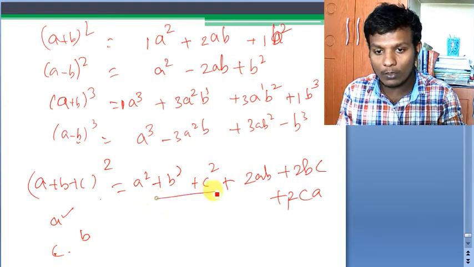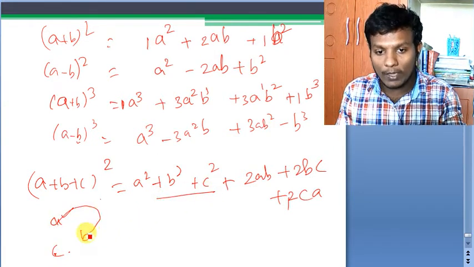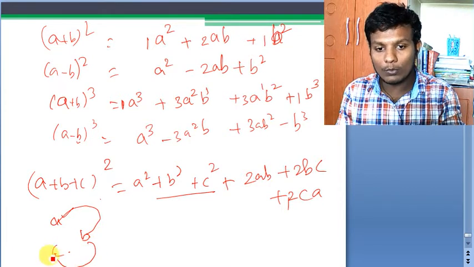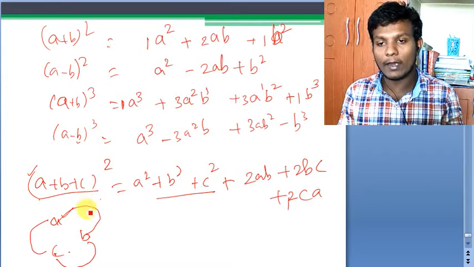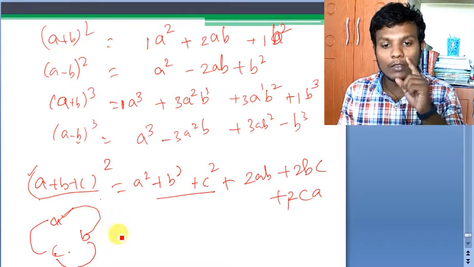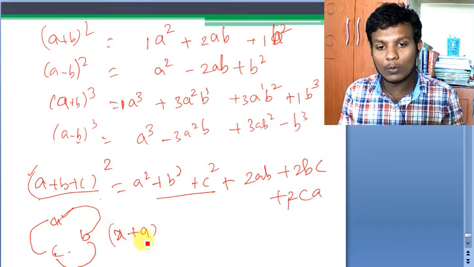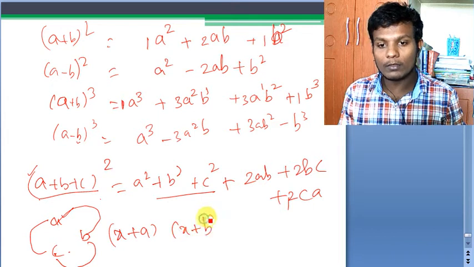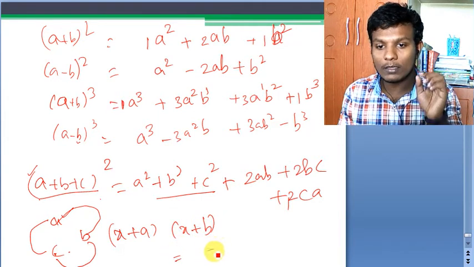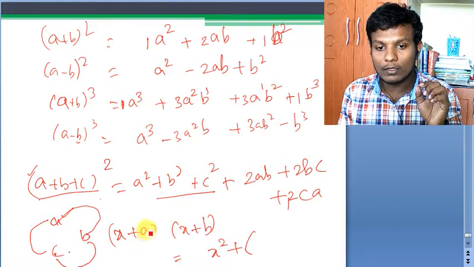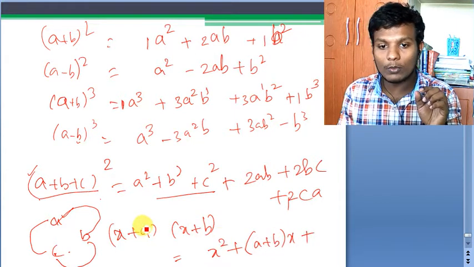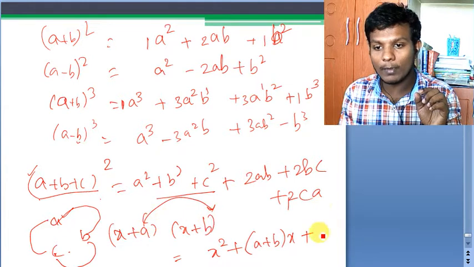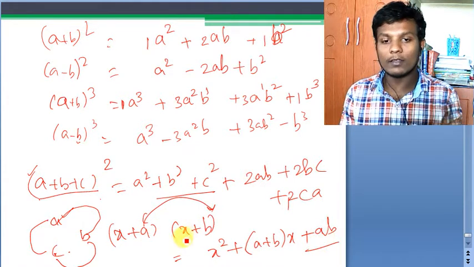Once the squares are over, then 2 into a into b, 2 into b into c, 2 into a into c. This is one more identity that we have. And one more thing we have, x plus a into x plus b, which is there from your 8th class onwards. This is x square plus, you add these two, a plus b into x, plus you multiply these two, ab. This is one more we have.